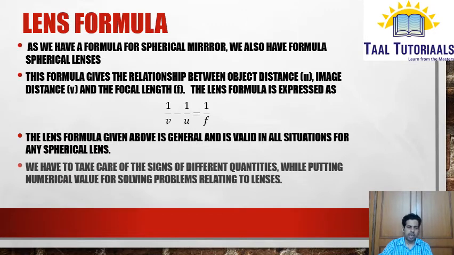We have to take care of the signs of different quantities while putting numerical values for solving problems relating to lenses. While teaching problems, I will tell you how to take sign convention for all these v, u and f. As of now, you remember you have to keep in mind the sign conventions before solving the problems. Understood?